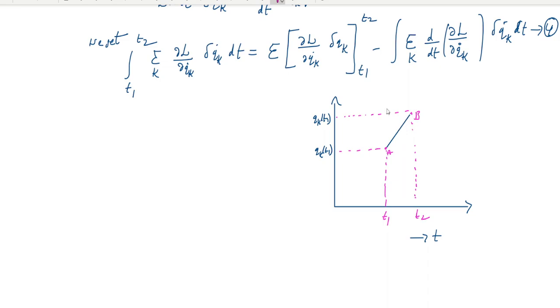This is the extreme path. And this is our varied path.